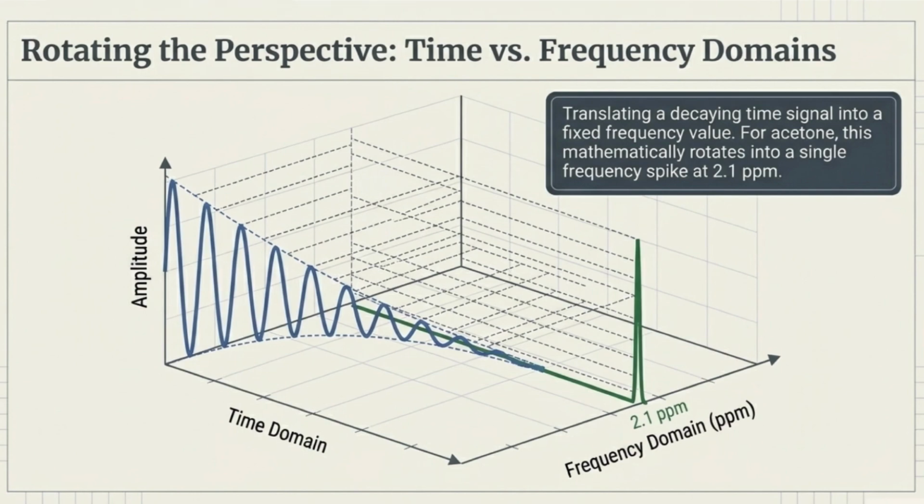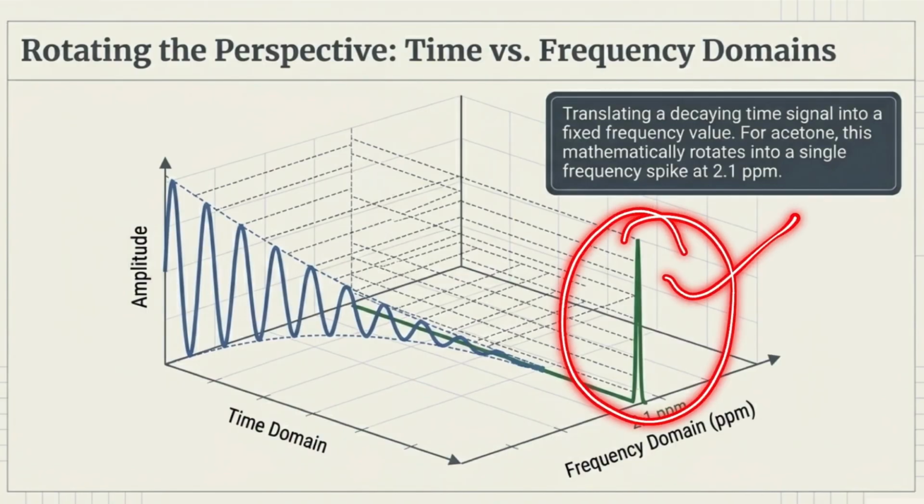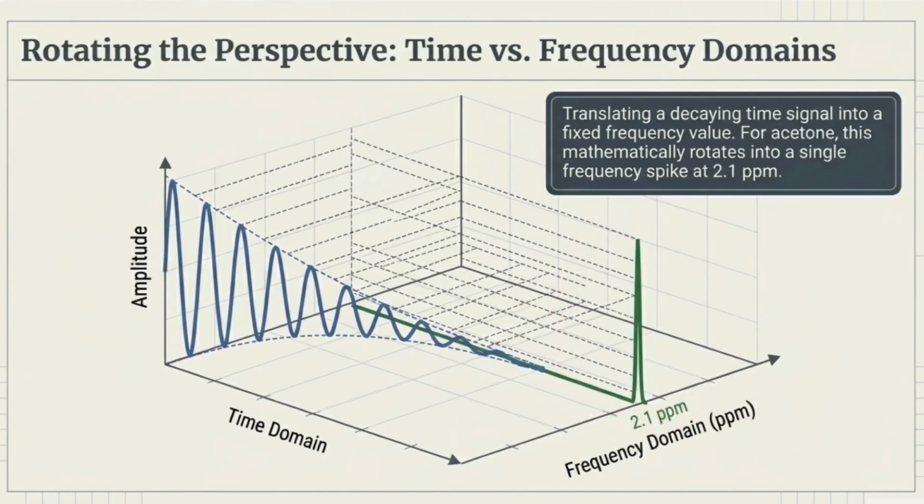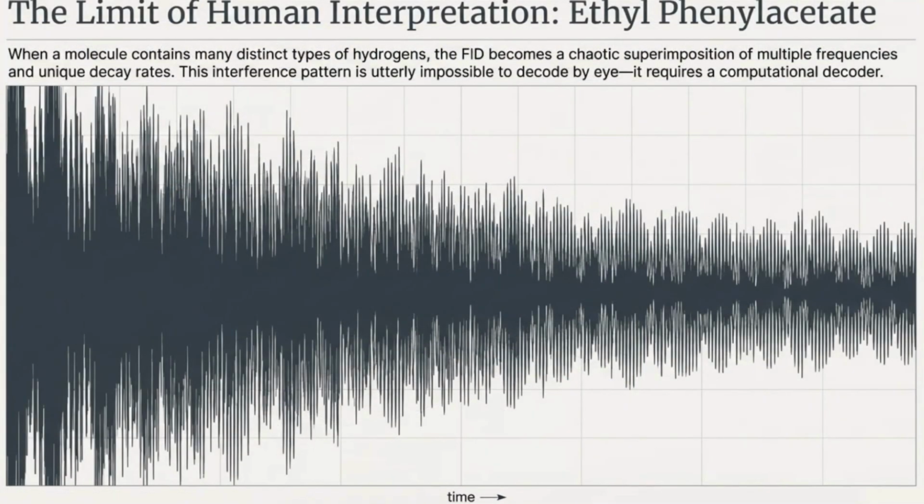In this way, the Fourier transform rotates the perspective, changing the time domain signal into a frequency domain signal. So we get the signal of emission of all 6 protons of acetone at a value of 2.1 ppm.